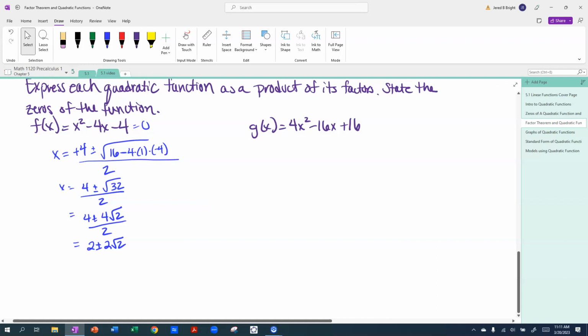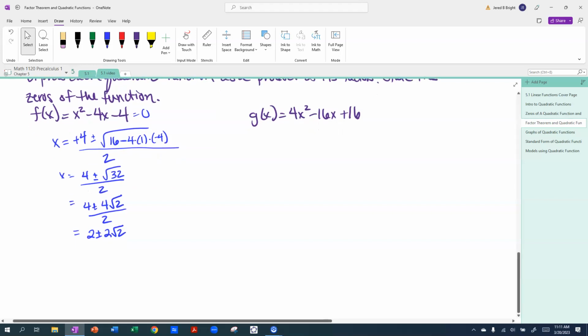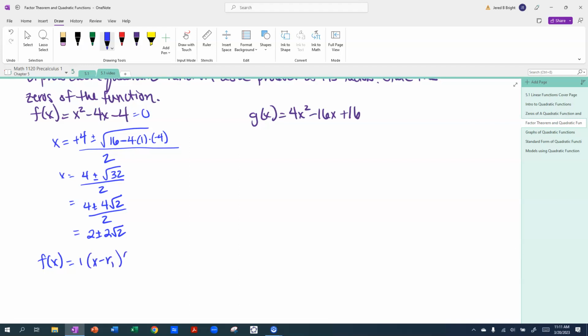So I did this backwards. I found the zeros, and if I wanted to find the factored form of this, this would just equal a, which is 1, times x minus r1 times x minus r2.